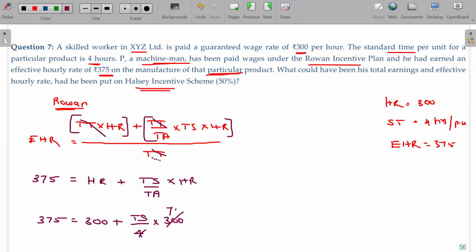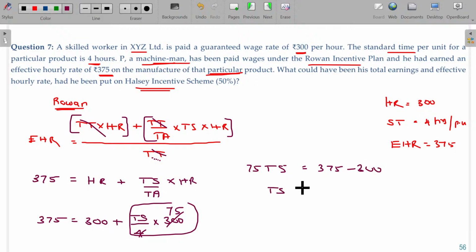Otherwise 75. Am I right? Clear? Now, 75 time saved is equal to, I transfer the 300 to the other side, so 375 minus 300.